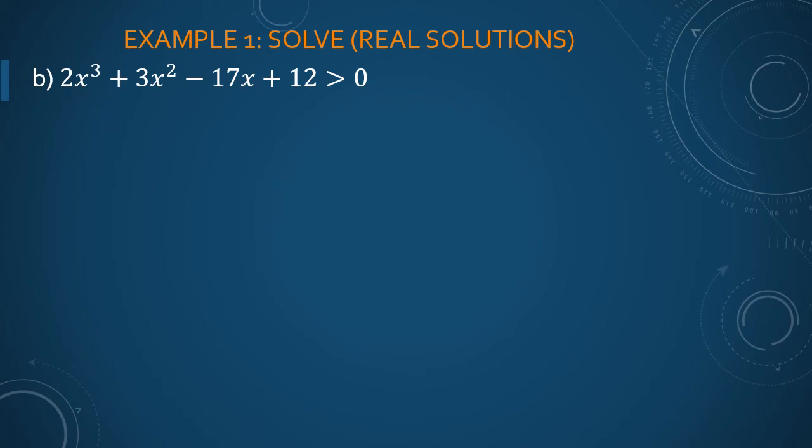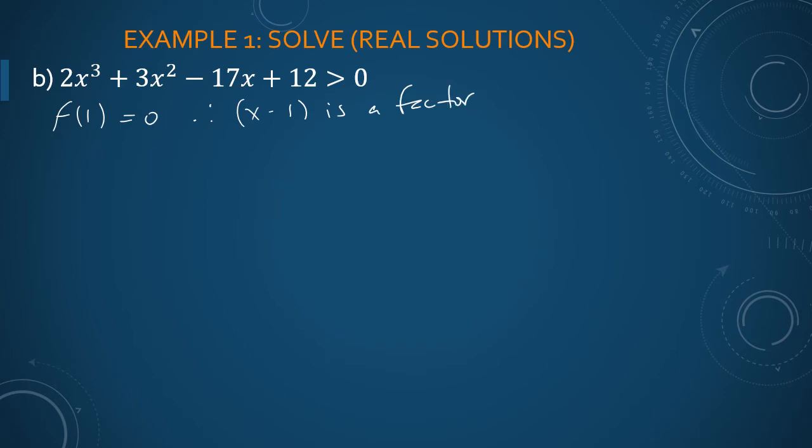On your own, you would test plus or minus 1, plus or minus 2, plus or minus 3, 4, 6, and so on. I'm pretty sure f of 1 works. So f of 1 equals 0. Therefore, x minus 1 is a factor.